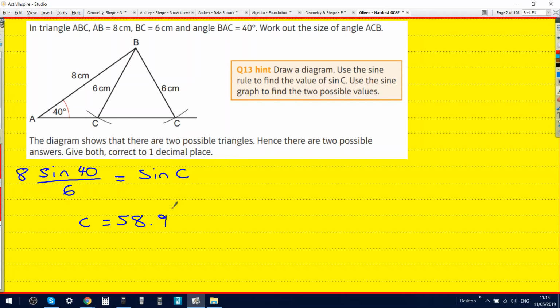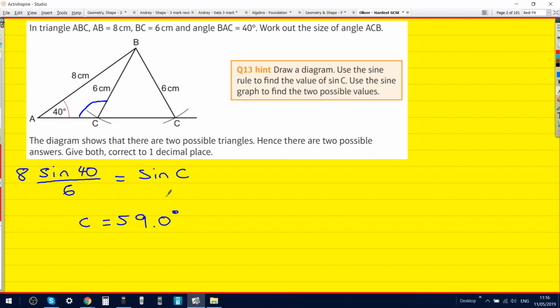They said 1 decimal place. So what would that be to 1 decimal place? 59.0. Strangely, this is an obtuse angle.